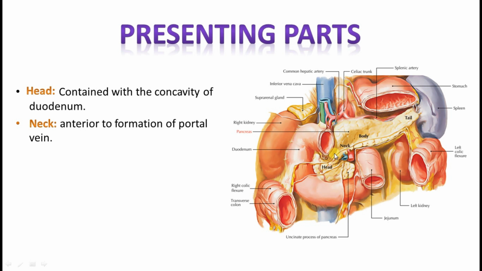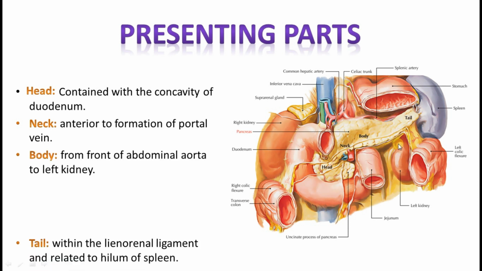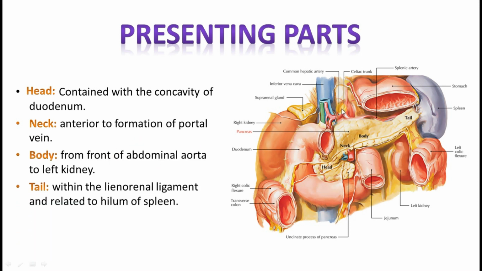It's a small constricted part immediately following the head, present to the left of the head. The body of the pancreas extends from the abdominal aorta to the left kidney. So from the front of the abdominal aorta to the left kidney is the extent of the body.